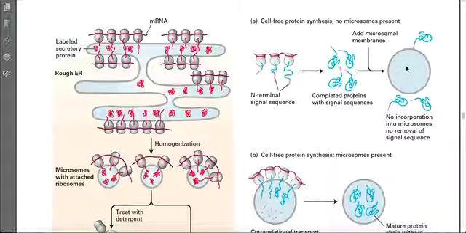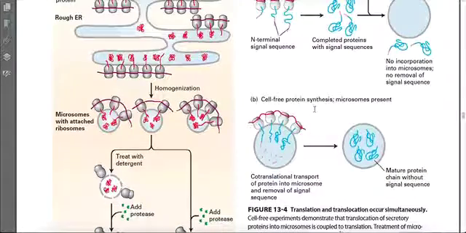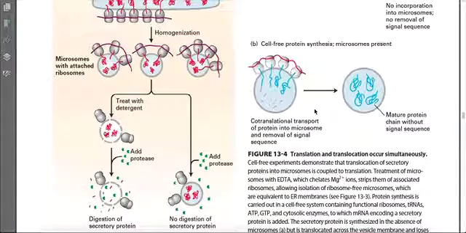That means you simultaneously need microsomes to have the secretory protein within the microsome or the ER lumen. In the second set of experiments, the scientists carried out the cell-free protein synthesis in the presence of the microsomes.